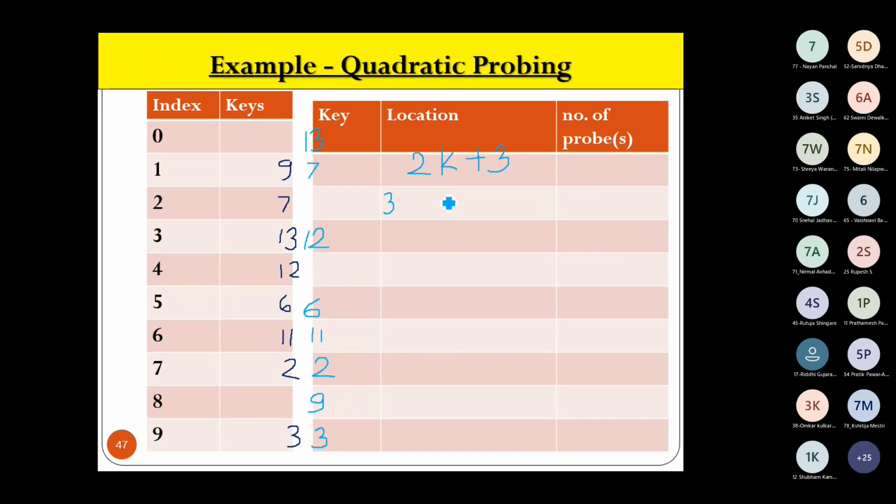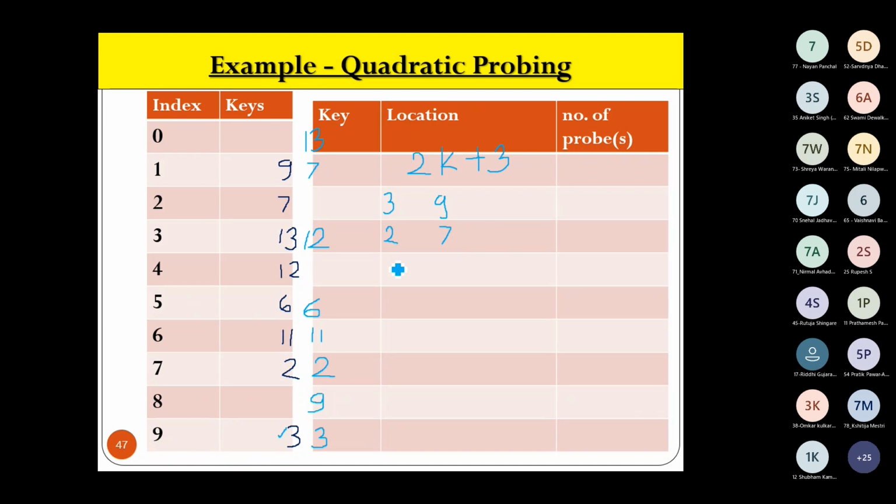So the key 3 will be placed at 9. It is correct. Next, for 2, what address did you get? 2 into 2 is 4, 4 plus 3 is 7. 7 is empty, so 2 will be placed at that location.